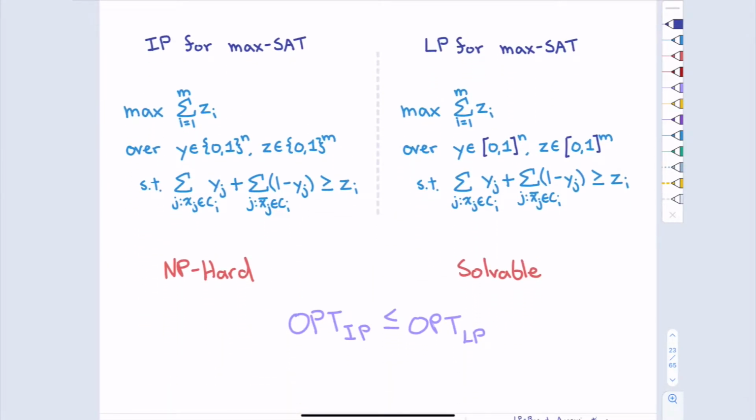Great. But with that little trick, I now have something that I can at least solve with a computer. Okay. Original problem, solvable problem. And one thing to point out, so anything that's a feasible solution here, any valid set of y's and z's, is also valid here.